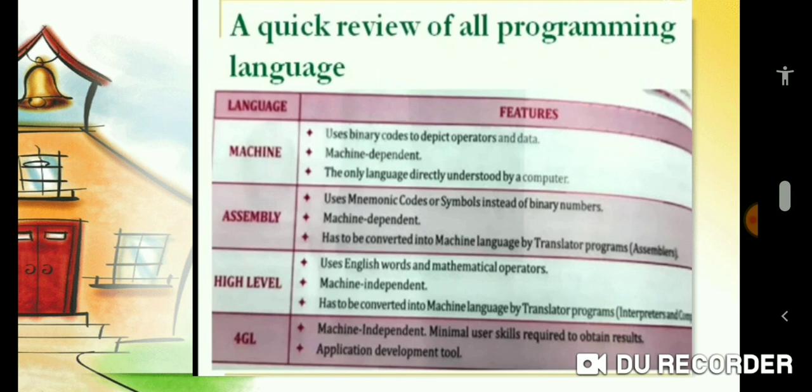Machine language is machine dependent, and it uses binary codes, that is 0 and 1. Assembly language uses mnemonics, and it is also machine dependent. Whereas high-level languages are machine independent, that is, high-level languages are the same for all computers, and we can copy the program from one computer to another computer.